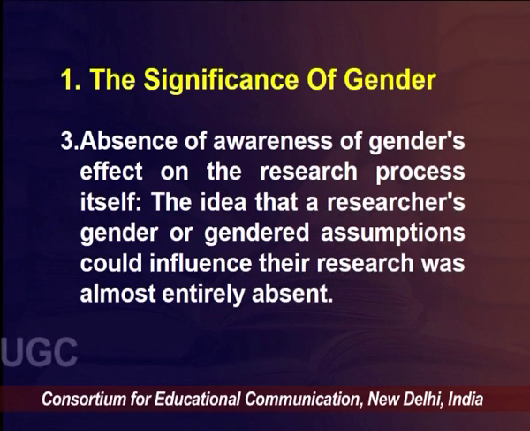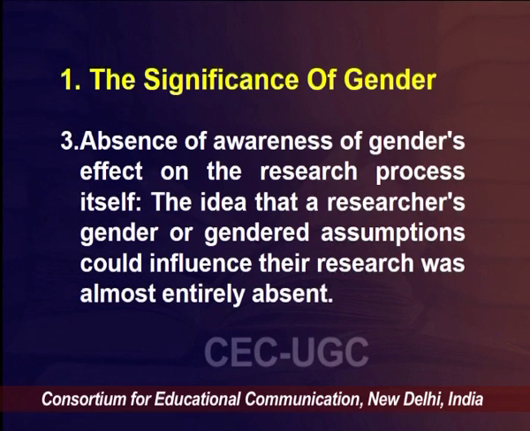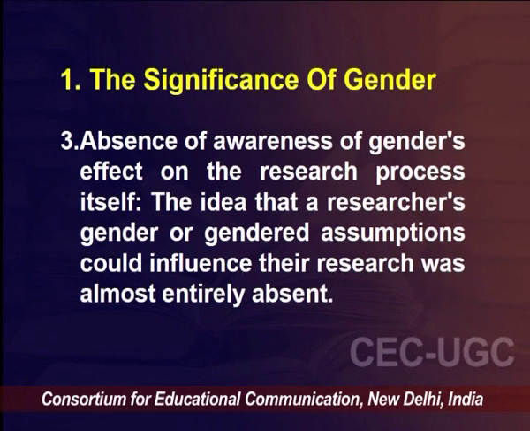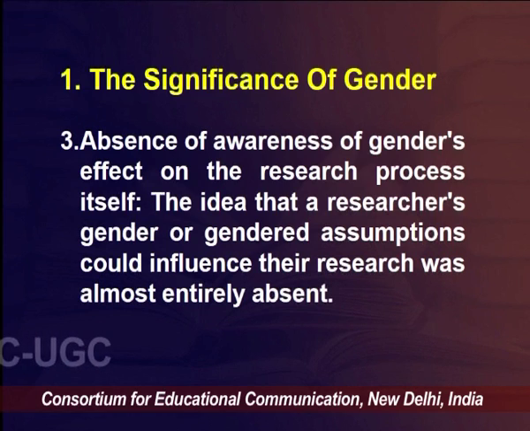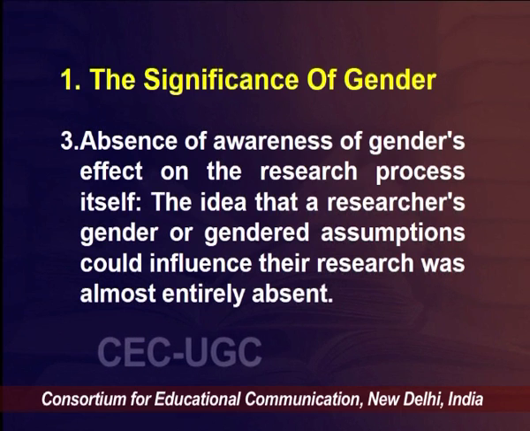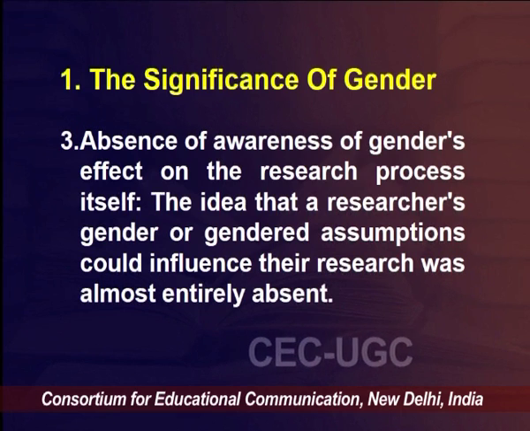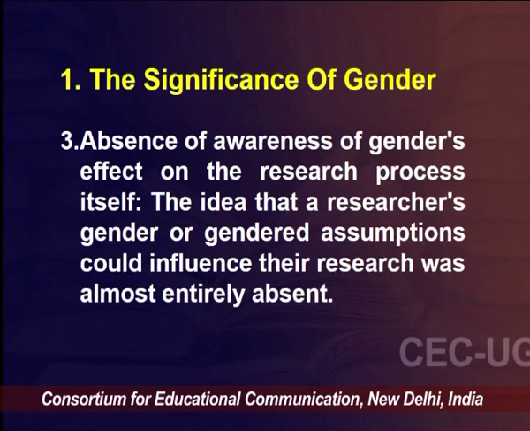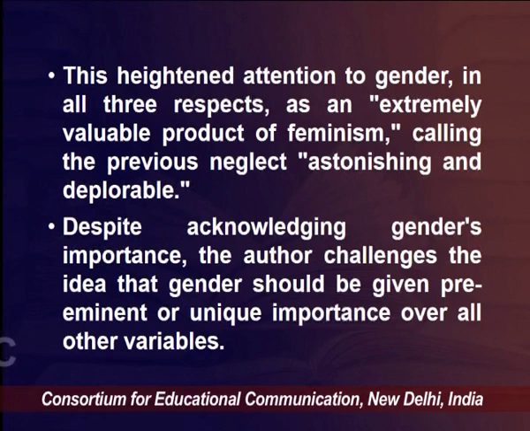The idea that a researcher's gender or gendered assumptions could influence the research was almost entirely absent. However, if you look at the way in which gender relations are structured, the identity of the researcher can make a lot of difference.